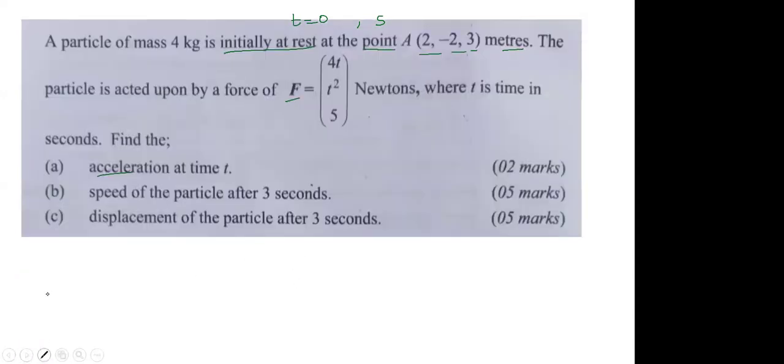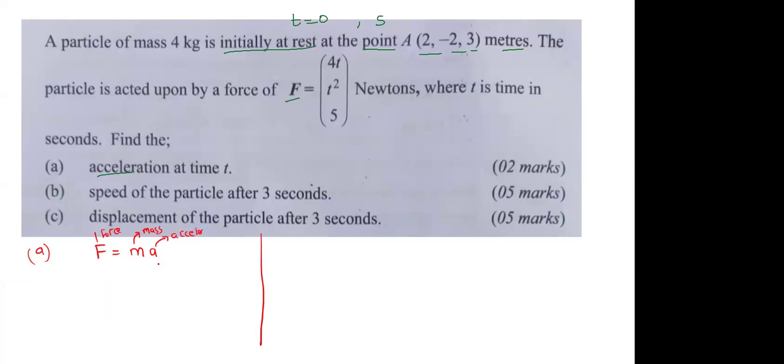Now, the first thing I want to bring to your attention is part A. Here we shall employ Newton's law of motion, which tells us that force is always given by ma, whereby F stands for force, m stands for mass, and a stands for acceleration.